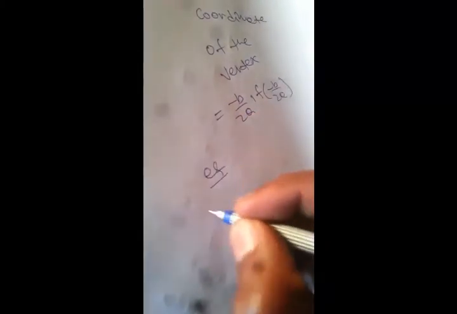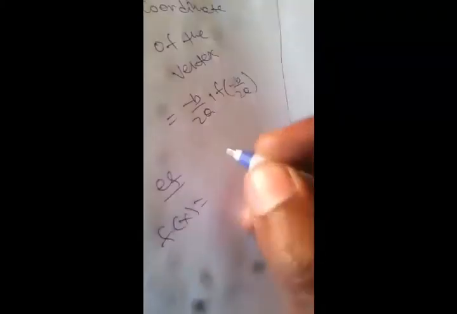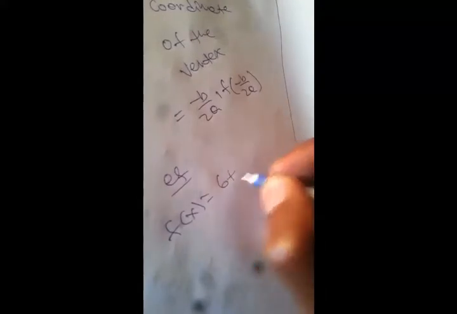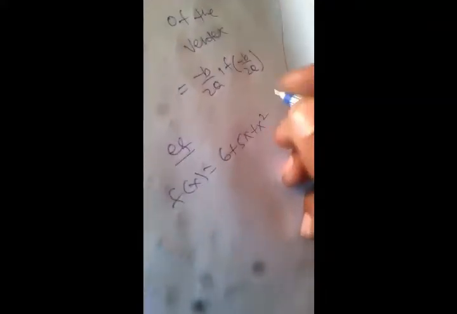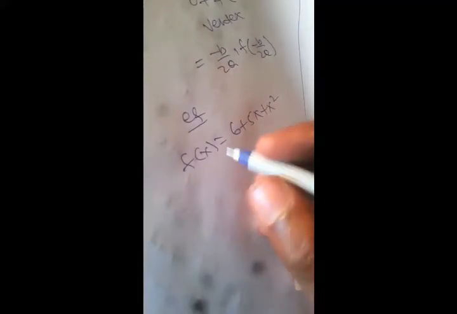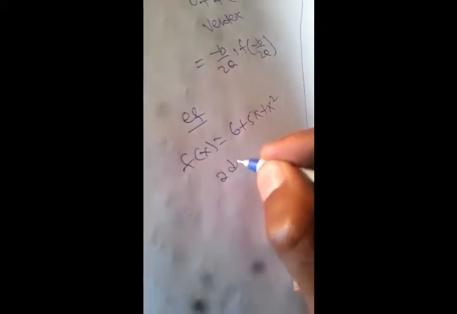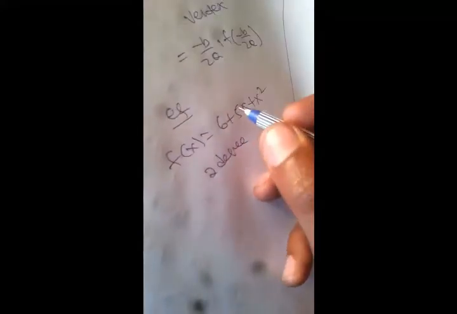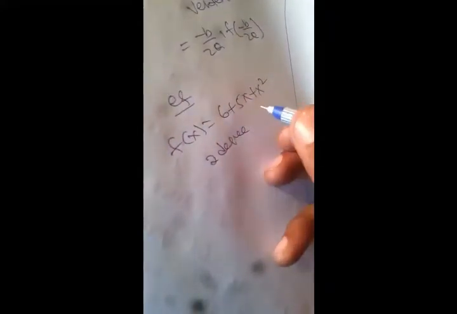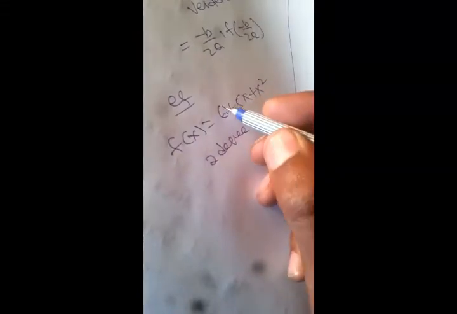Example, f of x is equal to 6 plus 5x plus x squared. First, we have to check whether the function is second degree or a quadratic equation. So first we have to rearrange. The highest degree must be written first, from x squared, then x raised to 1, then x raised to 0.